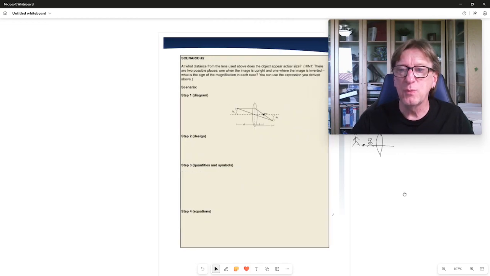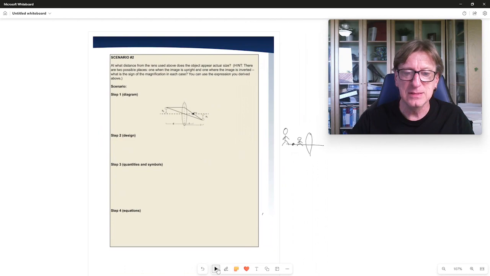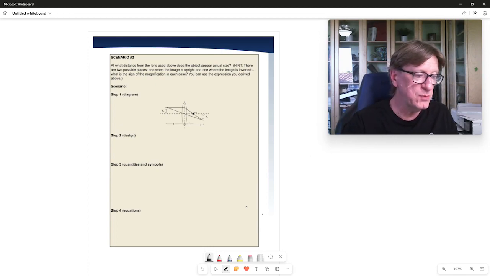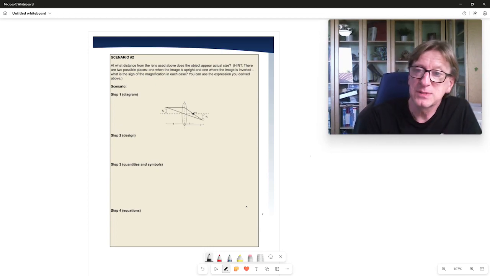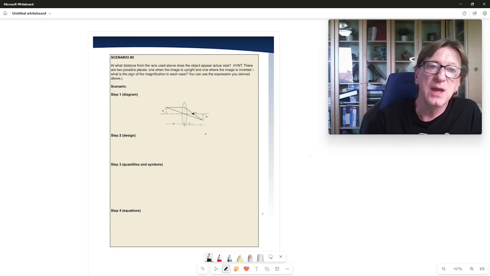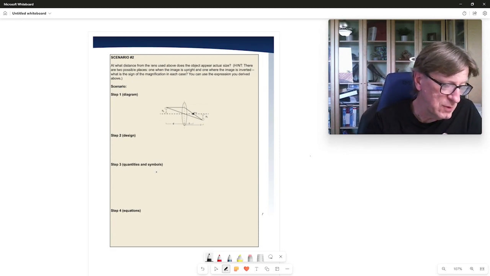All right, so we want to know at what distance does that object appear to be actual size? And we said that means m equals 1. So we're going to have two possibilities here. I could have actual size at m equals positive 1, and I could have actual size at m equals minus 1. And we can use this expression that we derived before.